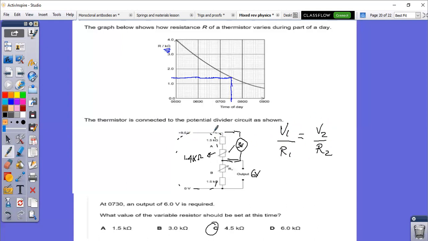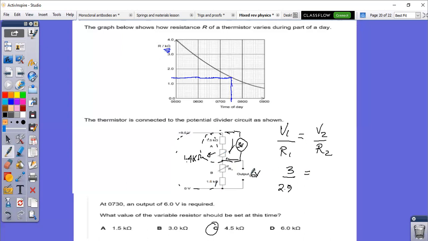So this here now can be treated as one resistor. 1.5 plus 1.4 is 2.9, and there is 3 volts across it because they're in series. That's why we can add them. So now we have 3 over 2.9 kilo ohms. Now I don't need to put kilo ohms because this stuff is also in kilo ohms, so that's fine.